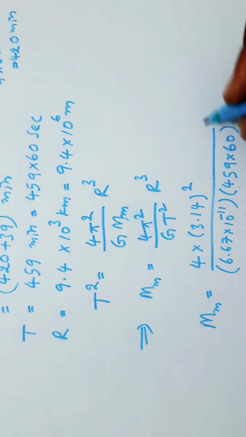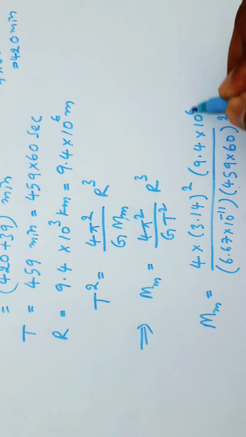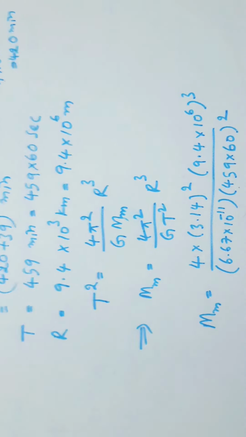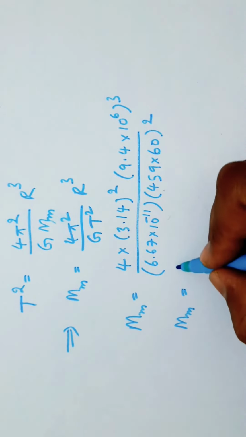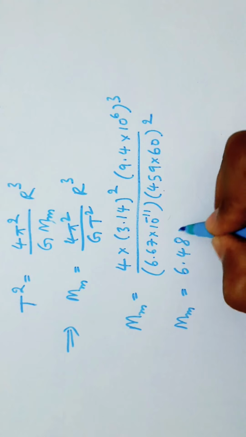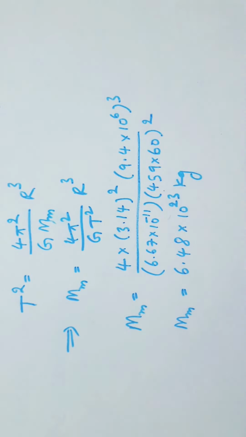Here R cube is what? 9.4 into 10 to the power of 6 whole cube. If we simplify this, we can get mass of the Mars. So that is 6.48 into 10 to the power of 23 kg.